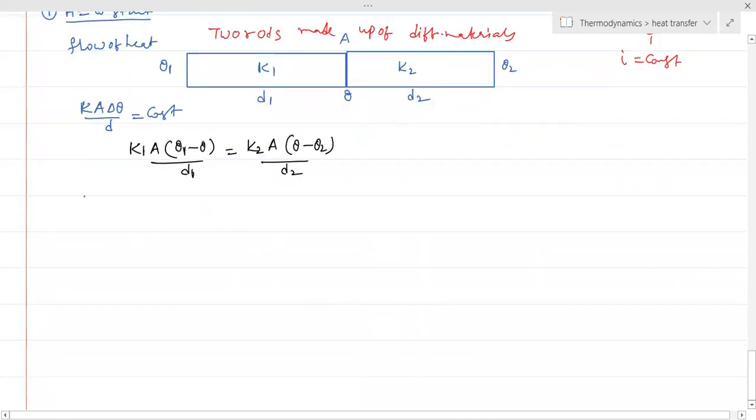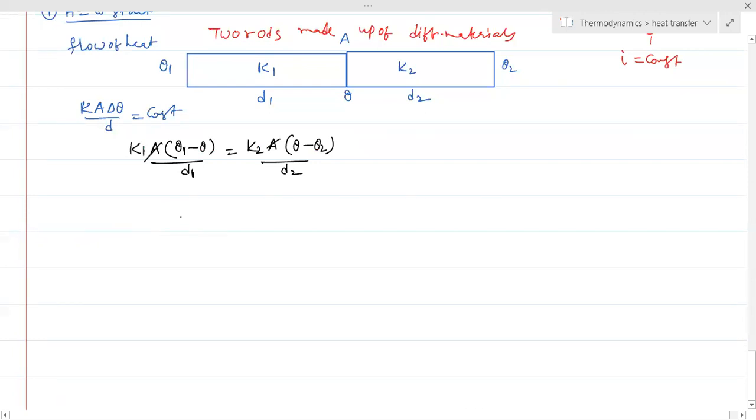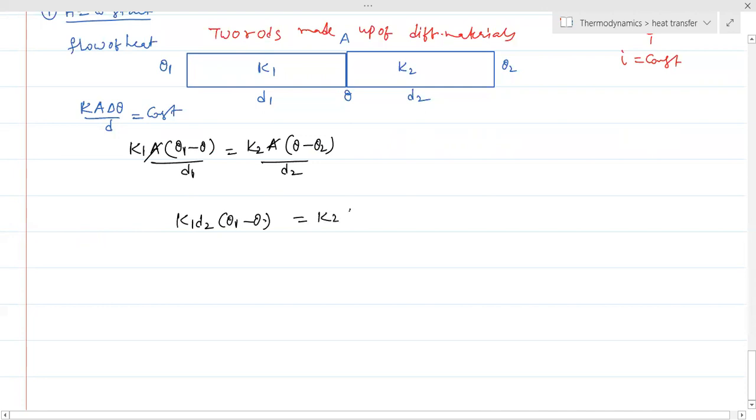Therefore, K1 A theta1, the area cancels. We get K1 D2 into (theta1 minus theta) equal to K2 D1 into (theta minus theta2).